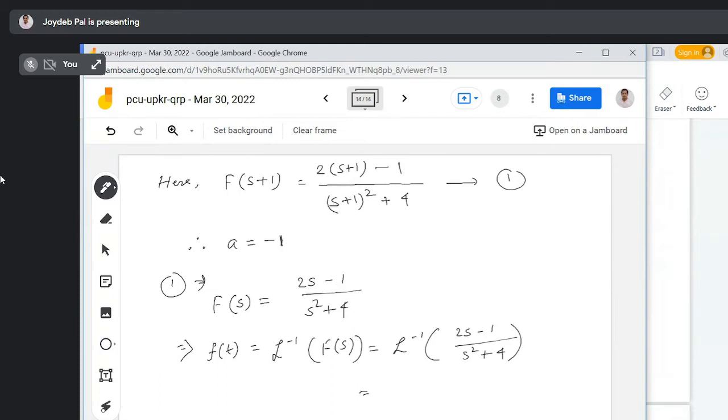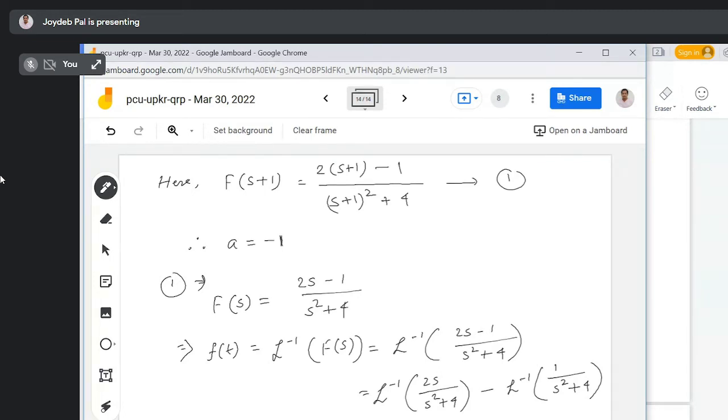But if I write this, देखो इसको लिख सकते हैं ना, Laplace inverse of 2s by (s square plus 4) minus 1 by (s square plus 4). Can I write this? So Laplace inverse of it will be Laplace inverse of 2s by (s square plus 4) minus Laplace inverse of 1 by (s square plus 4). That is due to linearity property of Laplace inverse.